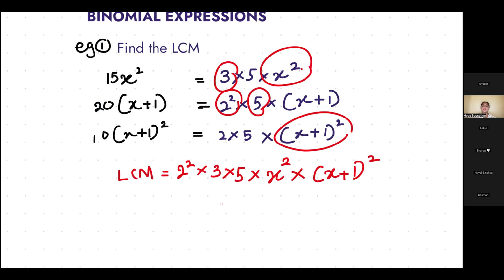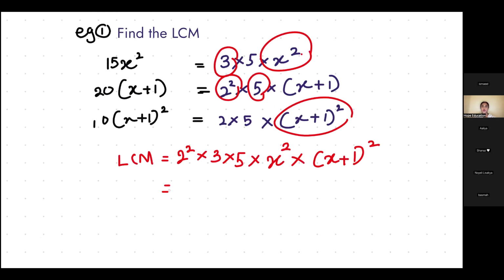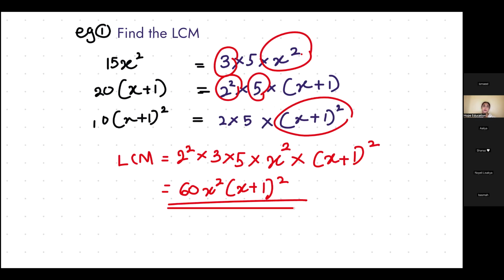Then 2 times 2 is 4, 4 times 3 is 12, 12 times 5 is 60. Here we have x squared, and here we have (x plus 1) squared, like this. Is this clear?